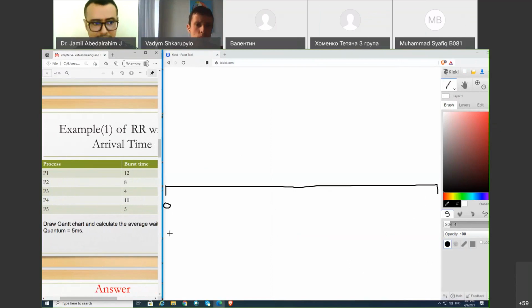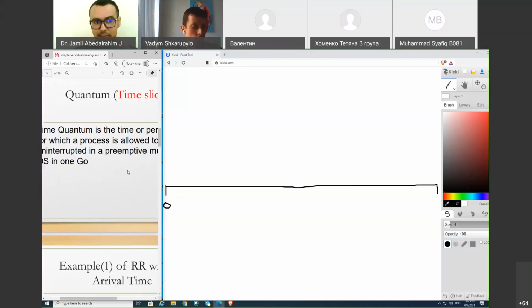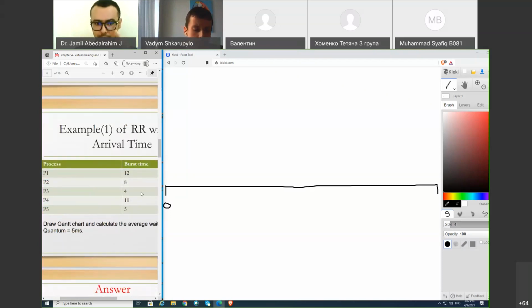As I mentioned, we will follow the given sequence in the table, which means we will execute the first process. What is the mechanism here? The given quantum is 5 milliseconds, which means we will execute 5 milliseconds from the first process, P1. We will execute only 5 milliseconds, following the given quantum. As I mentioned, the quantum is the time allowed to execute in each period.